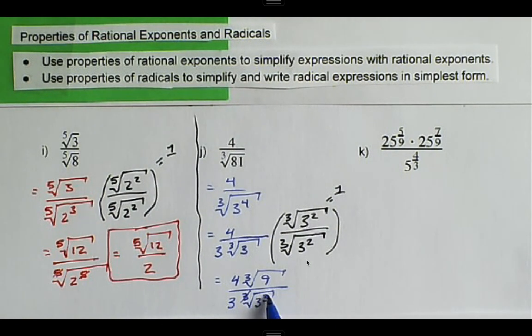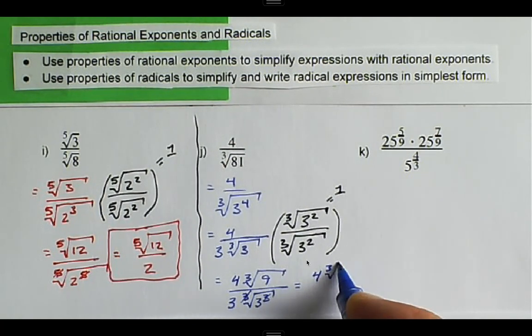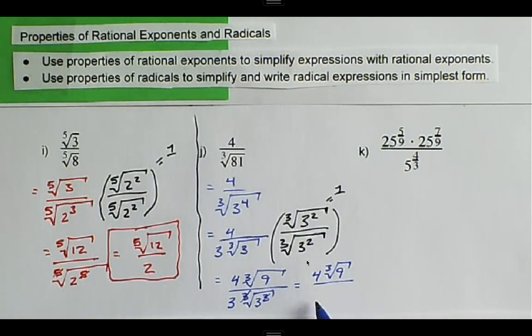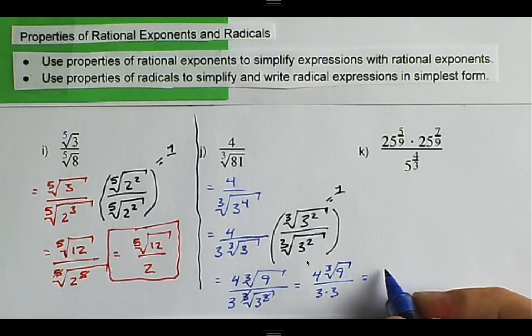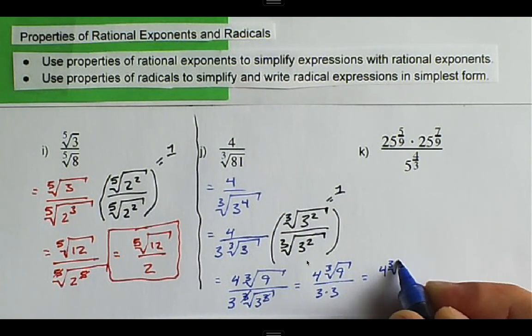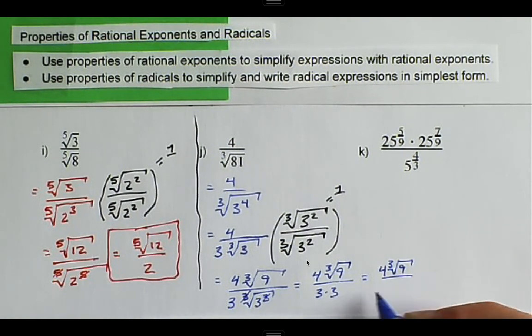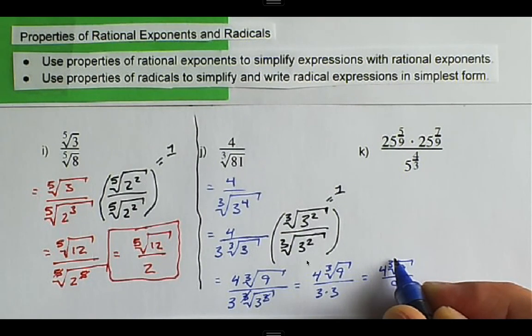And we know that that cancels out. So we can rewrite this as 4 times the third root of 9 divided by 3 times 3. And so the solution for this one in simplest form ends up being 4 third root of 9, and then 3 times 3 is 9.